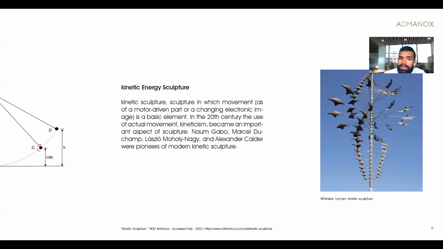Naum Gabo, Marcel Duchamp, Laszlo Moholy-Nagy, and Alexander Calder were pioneers of modern kinetic sculpture. We wanted to create a kinetic sculpture, a kinetic body, to show how you can intervene with the energy transformation, the energy translation, to architecture, and create movement between those.